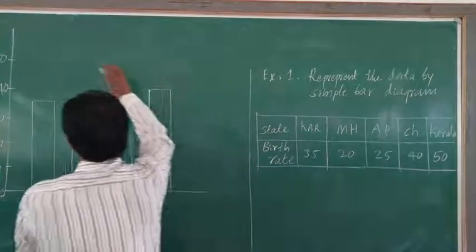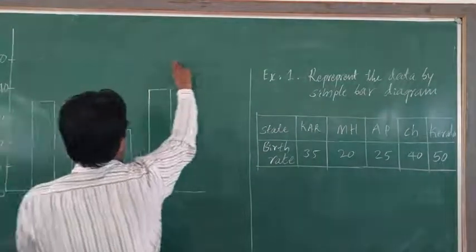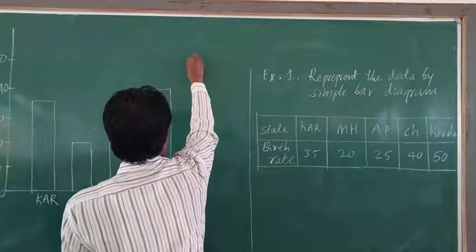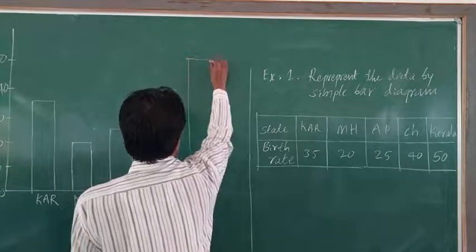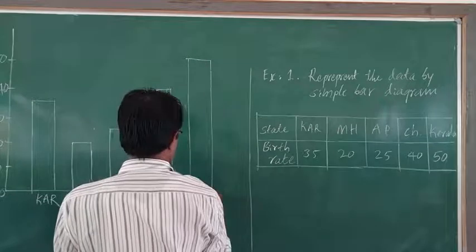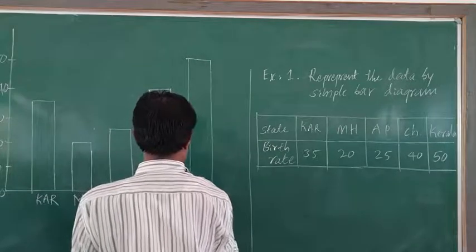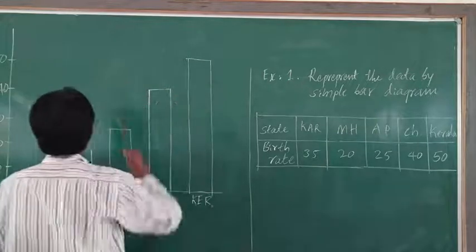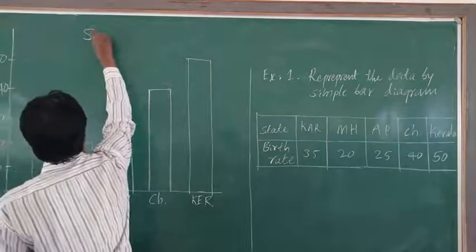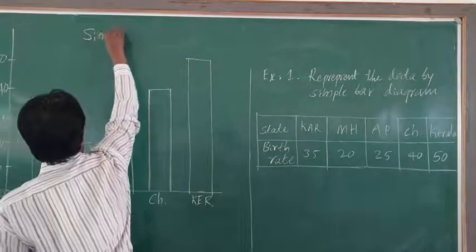So corresponding to 50, we have to construct another bar for Kerala. This is the simple bar diagram.